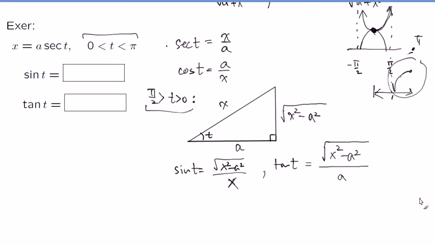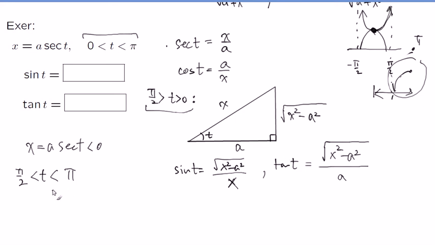So this is that. But what if t is in between pi over 2 to pi, so that x, which is a times the secant t, becomes a negative number here. X is represented by a times secant t. So magnitude is the same. What about tangent t? What happened to tangent t when t is in that range? Is it positive or negative?